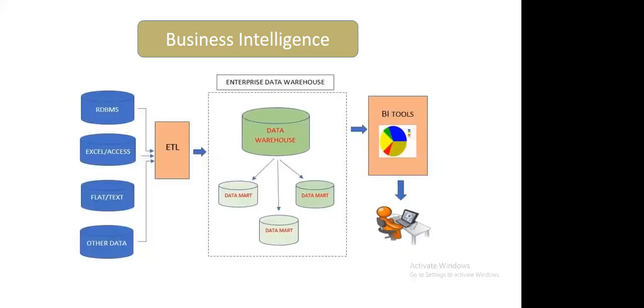Then we went on to see the high level architecture of basic business intelligence that happens in each and every industry. At the left end, you can see raw data coming in from various sources like RDBMS, Excel, Microsoft Access, text files, or some other database. This data is subjected to ETL, which is extracting, transforming, and loading, and brought into a central repository called a data warehouse.